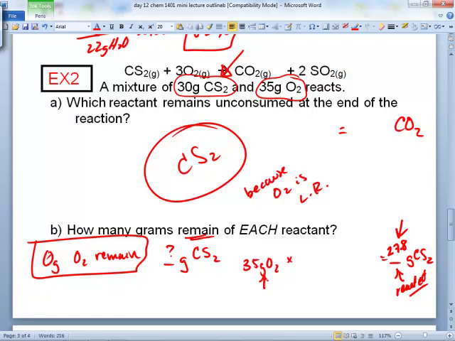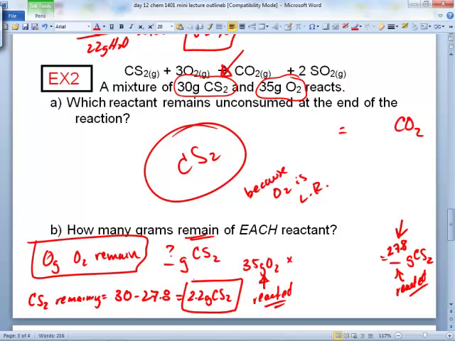Because this reacted, subtract it from 30. So the CS2 remaining, 30 minus 27.8. And that's what, 2.2? Okay, so somewhere around there.